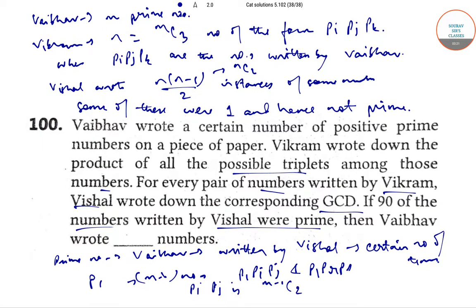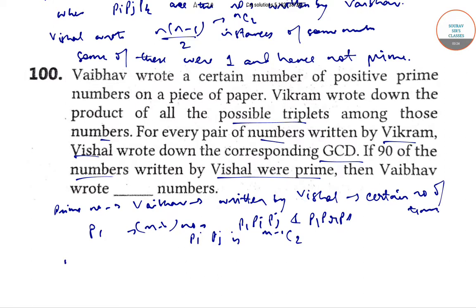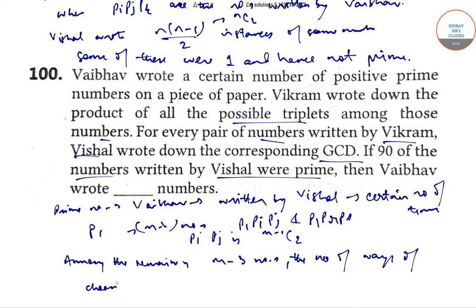m minus 1 C2. Among the remaining m minus 3 numbers, the number of ways of choosing 2 is m minus 3 C2, but in the product m minus 1 C2, m minus 3 C2, each such pair has been counted twice.